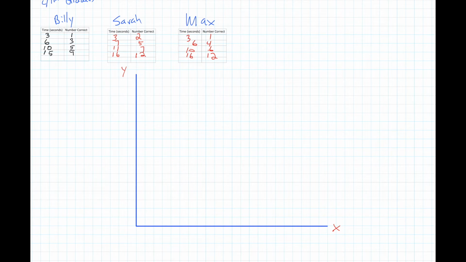Do you have no control over time, or do you have no control over answers? You have no control over time, so the answers depend on the time. The one that's independent, that can stand on its own, goes on the x. And by the way, if you ever see time, 99% of the time it is x. All right, and this is number correct.